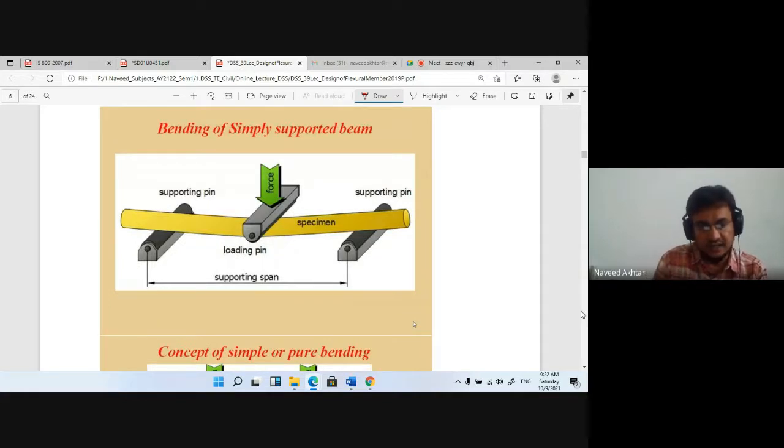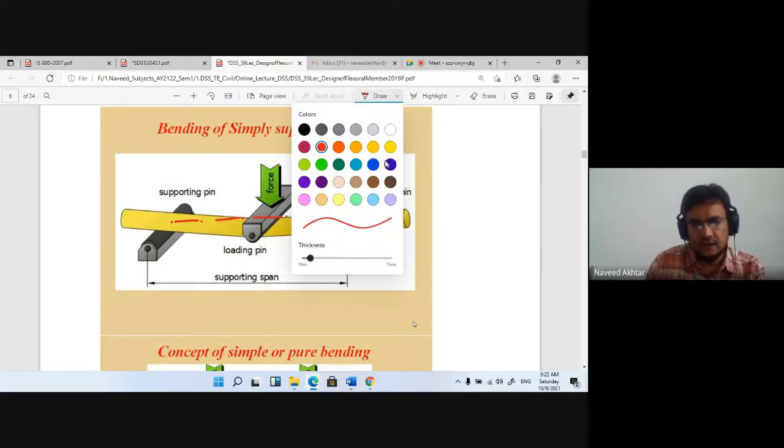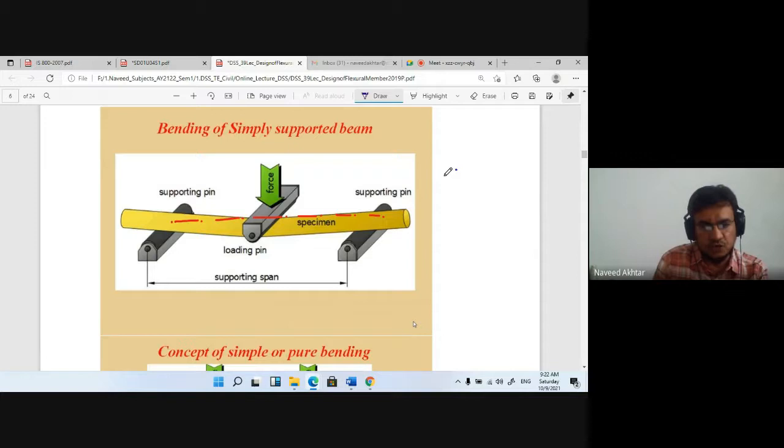Due to loading there is some deflection. You can see the axis before bending in red color, and the blue color shows how the axis changes after the application of the load.